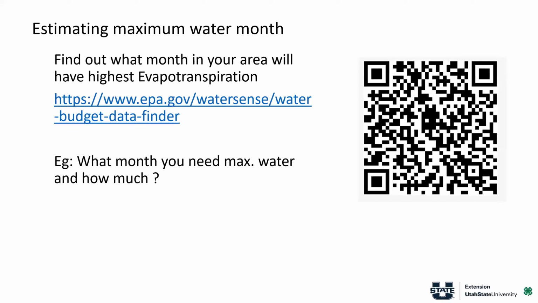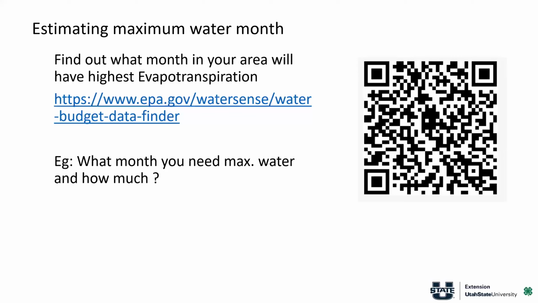So for the sake of convenience and doing it quickly, if you determine which month needs the maximum amount of water for your landscape, and you are okay with that, then you should be okay with the rest of the months. And that is why the EPA has the link to calculate the maximum water use month.